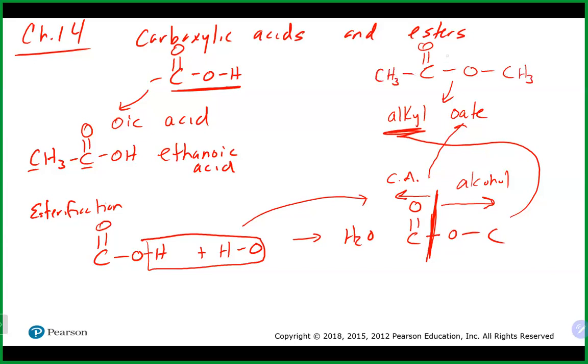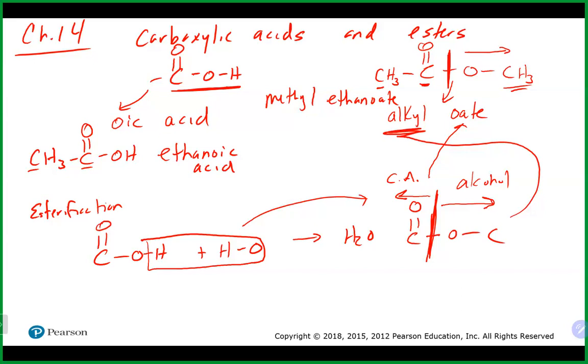If we were to break this ester going this way, which is our alcohol, we have only 1 carbon, so that would be methyl. Coming the other way, which is our carboxylic acid part, is 2 carbons, which would be ethanoate. And this reaction on the bottom is how we produce an ester through the esterification reaction.